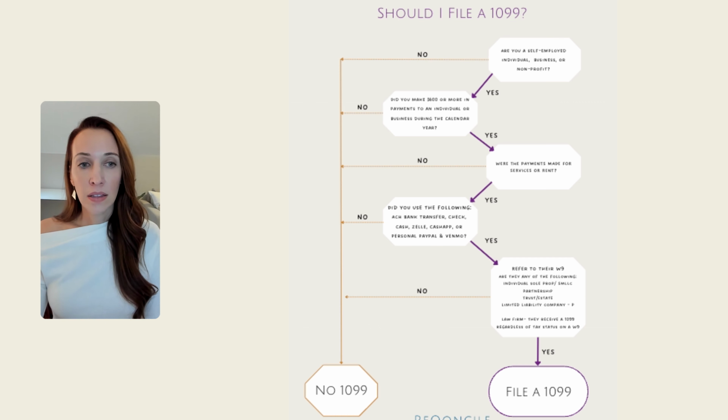The next thing to discuss would be rents. So, rent that you pay to a property manager does not have to be 1099 because the property manager will be taking care of this on their end. So if you're making a payment for rent to a property manager, not an individual or small renter, then you would not need to file a 1099.